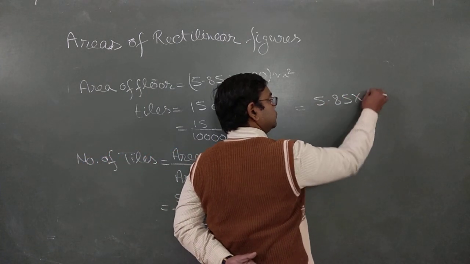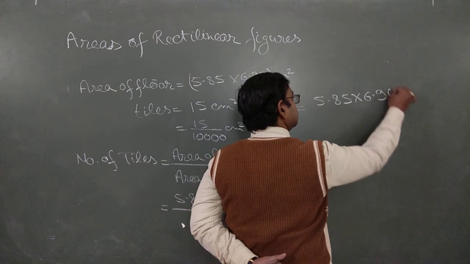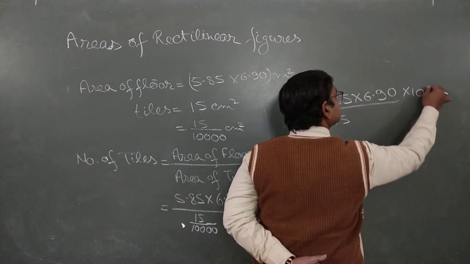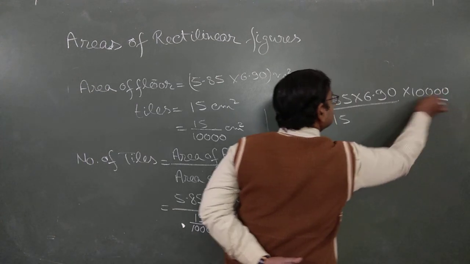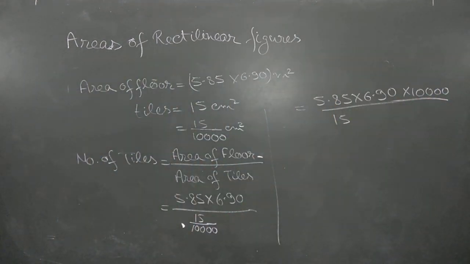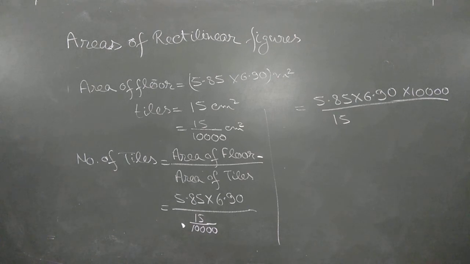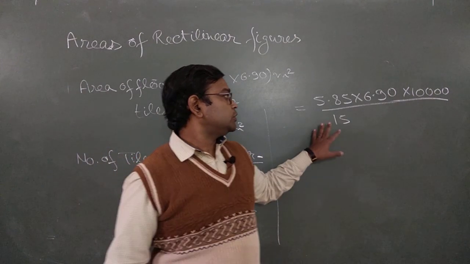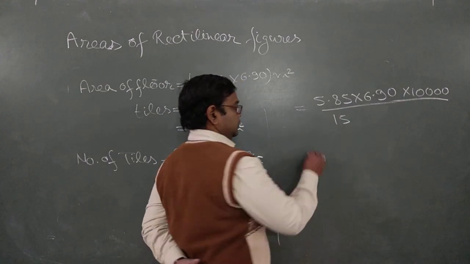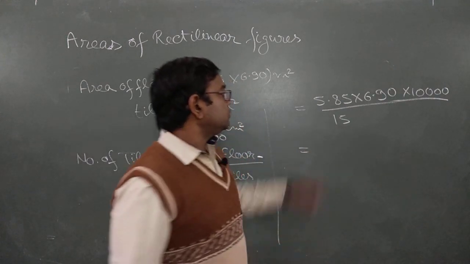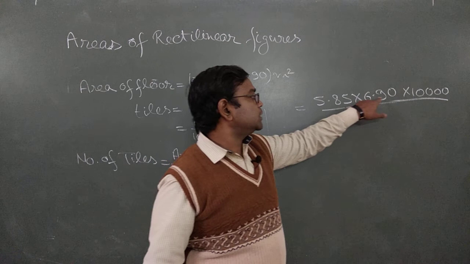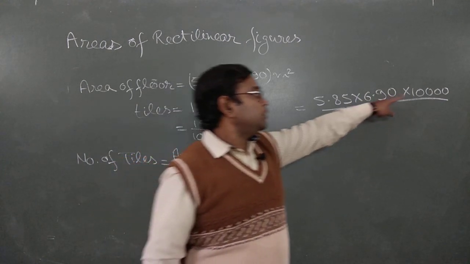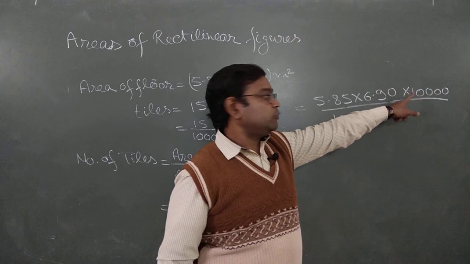5.85 into 6.90, divided by 15 into 10,000. Hope that side is visible for you. Now this is your solution. Try to solve it. See here, after decimal 2 digits, here after decimal 2 digits, means we need a total of 4 digits, and we have 10,000 in the multiplying form also.